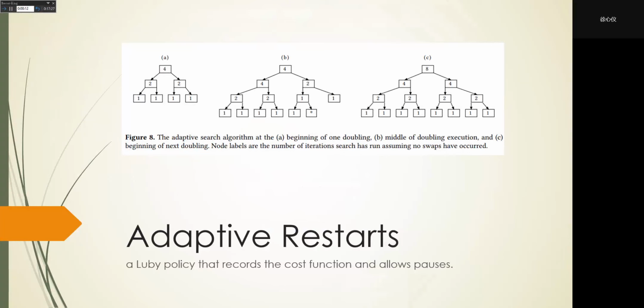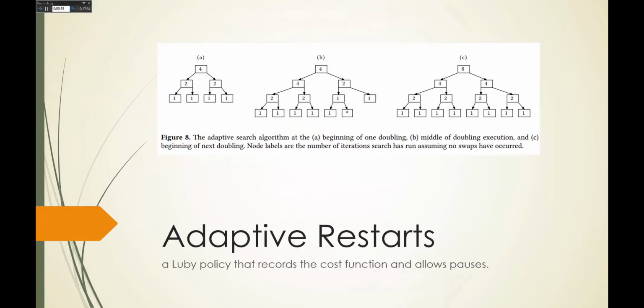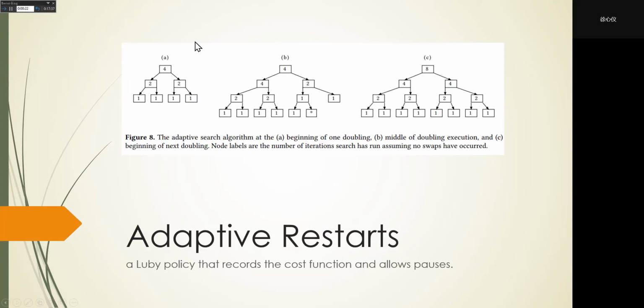In the adaptive restart strategy, for example, instead of adding a root and adding another duplicate of the current tree at the right child of the root, the adaptive restart chooses to run twice the time on each node.